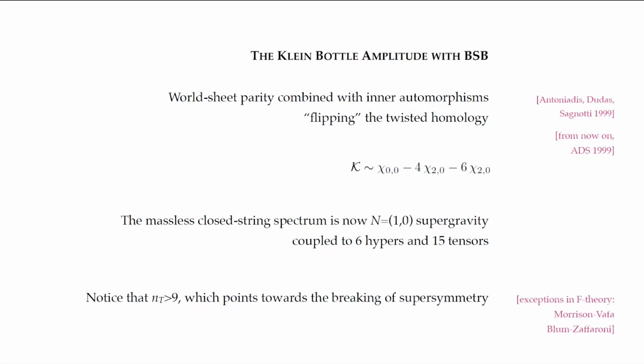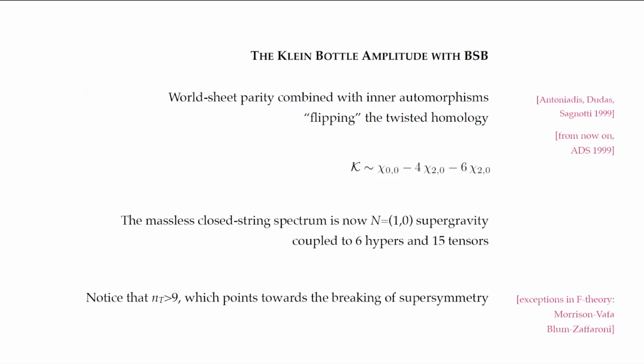So borrowing from the original idea of Ignatius, Emilian, and Augusto, what we do, we combine the worldsheet parity action, omega, which exchanges the left and right movers, with some inner automorphism which acts on the internal space, which flips the twisted homology of the K3 of the orbifold. So this means that the Klein bottle now, which schematically involves some extra minus signs, you see the -4 and the -6. Of course, the Klein bottle only receives contribution from the G squared twisted sector, because otherwise the states are not left-right symmetric.